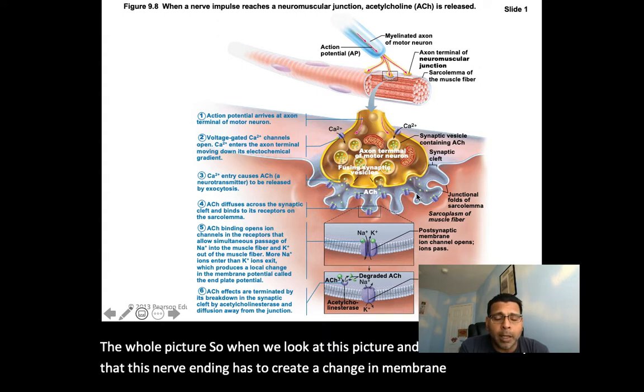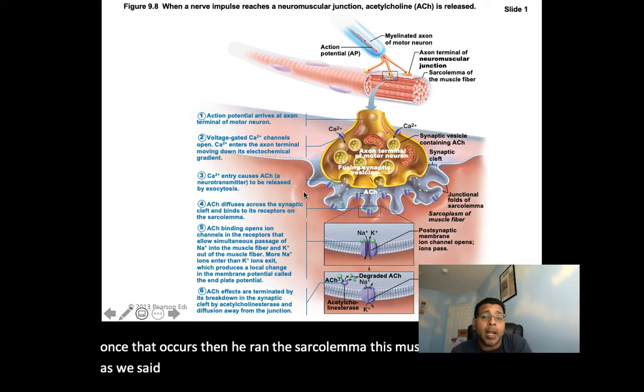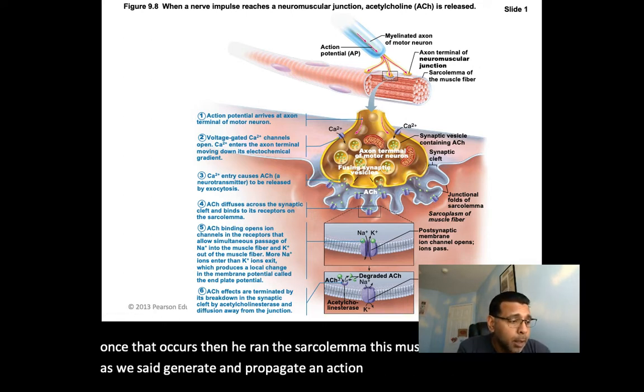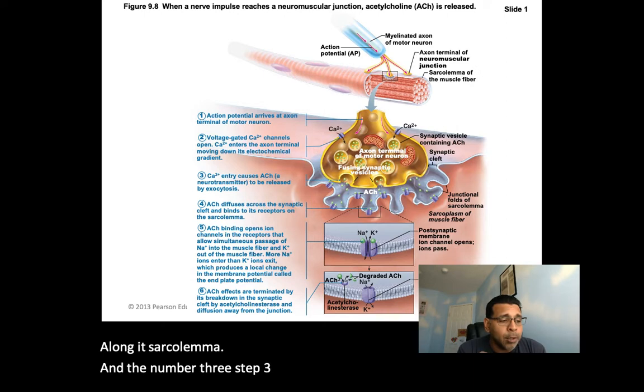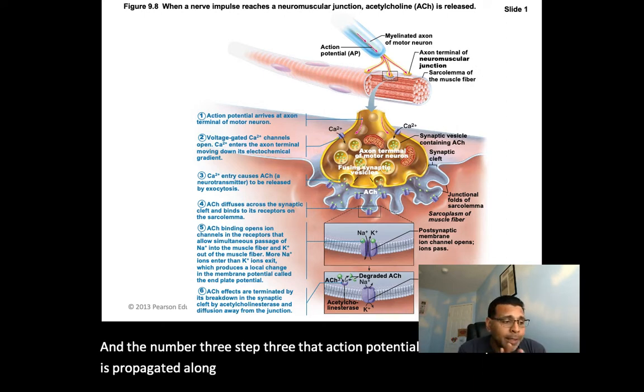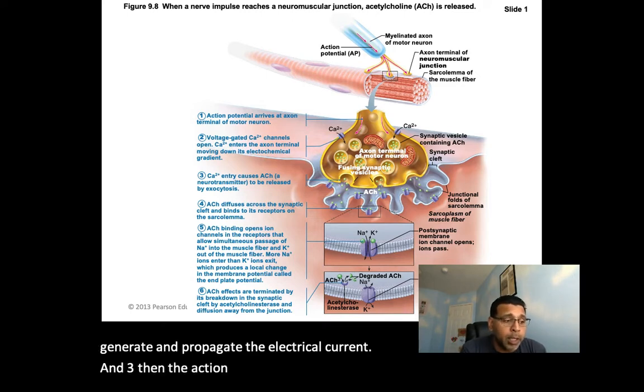Once that occurs, then here on the sarcolemma, this muscle has to be able to, as we said, generate and propagate an action potential along its sarcolemma. And then step three, the action potential is actually going to get propagated along the sarcolemma.